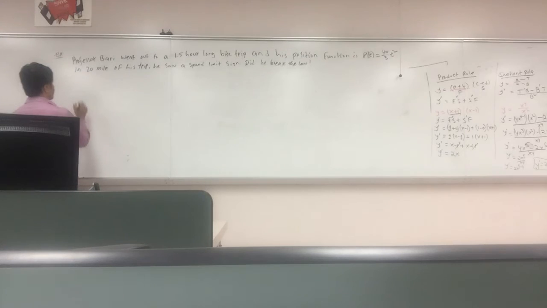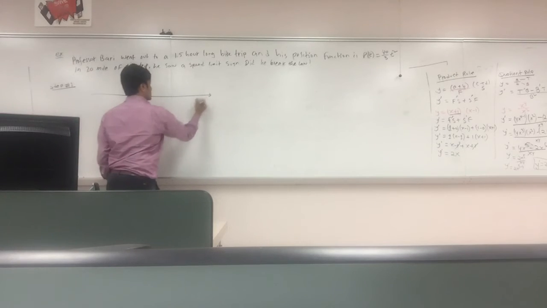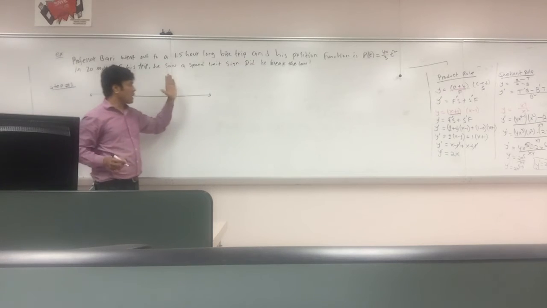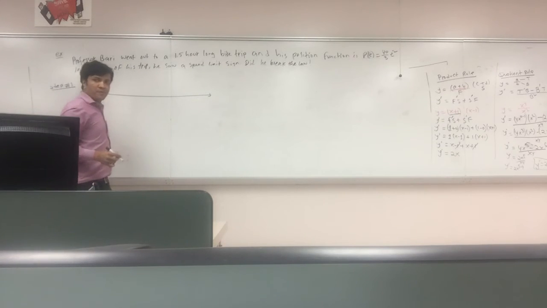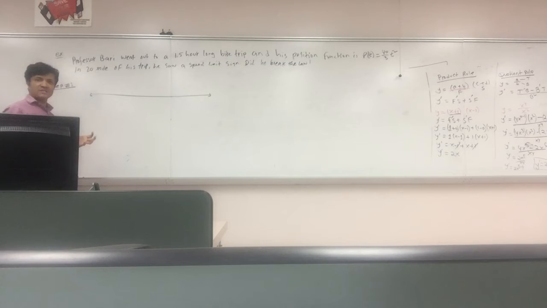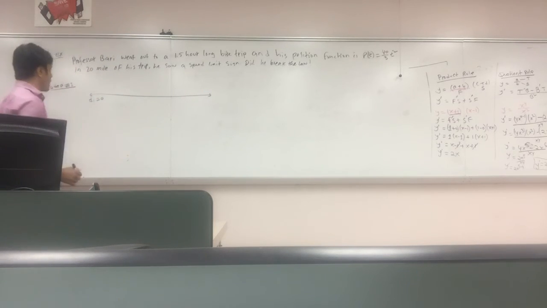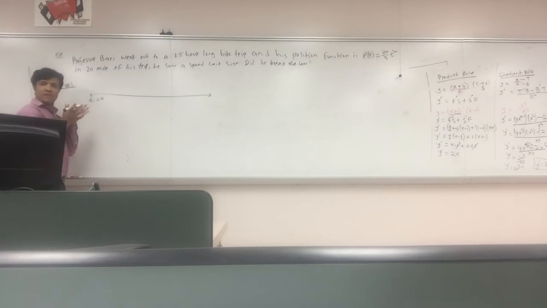Step 1: graph the scenario. When Professor Bari started his bike trip, the distance must be 0, so d initial must be 0, and the time also must be 0, so t initial is 0.